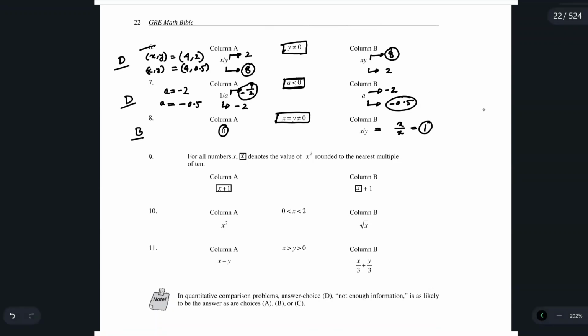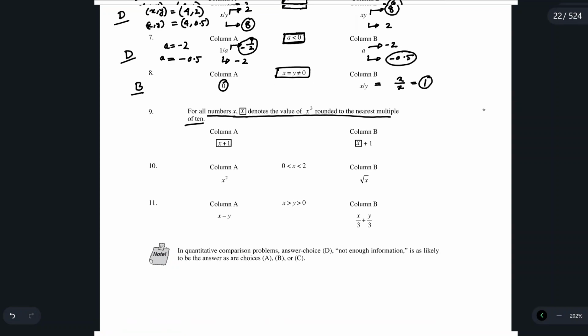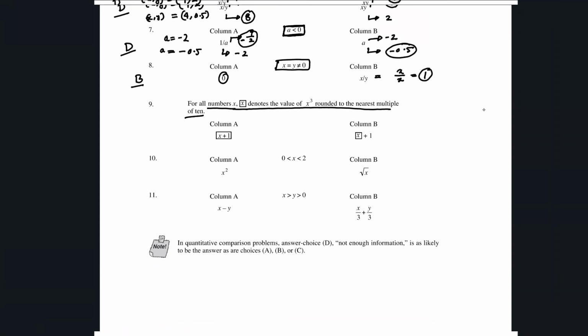Now, for the next problem, number 9, we are given that for all numbers x, the box of x denotes the value of x cubed rounded down to the nearest multiple of 10. So let's try some values, like x equals 0, maybe. This will give us box of 1, and 1 cubed is 1, and the nearest multiple of 10 would be 0.